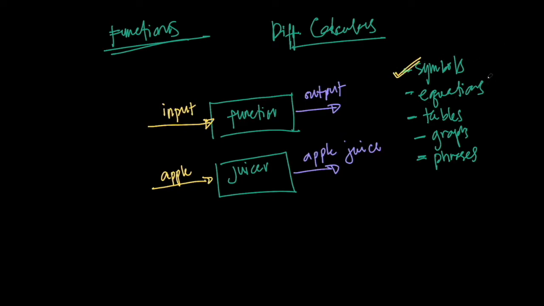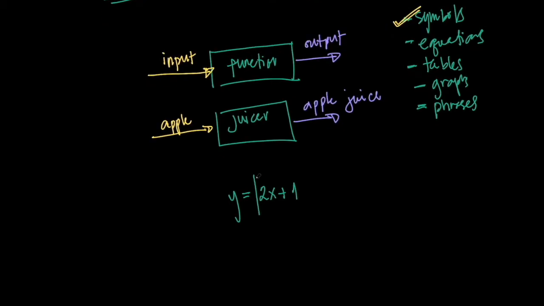So what about equations? Let's say we have an equation of y = 2x + 1. In this case, this part is our function. Here x is our input, and y is our output.